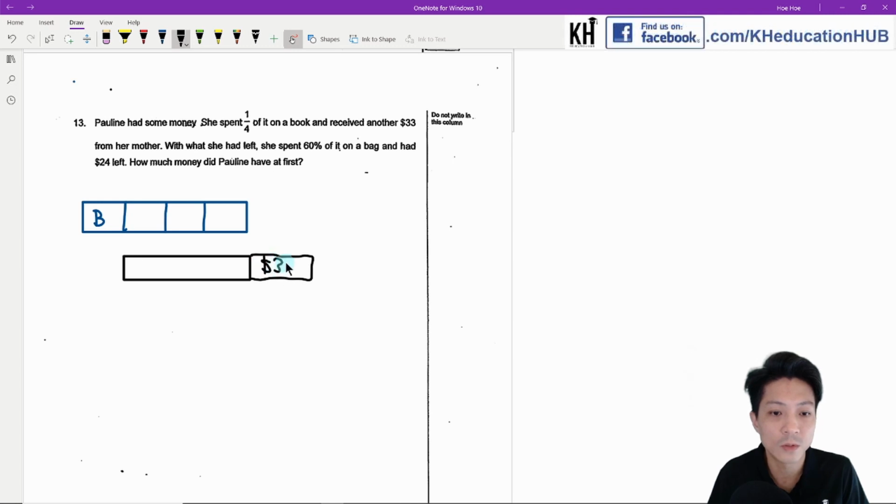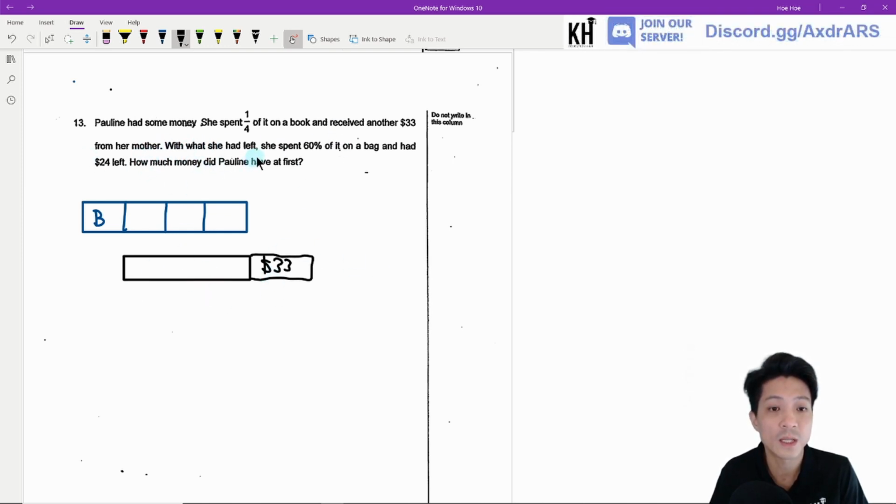Okay, I do not know how big or small this $33 is, but then with what she had left, she spent 60% of it on the bag and had $24 left. Okay, so we're gonna find what is 60% of this unknown block and 60% of this $33. Okay, instead of finding 60%, we're gonna find what is 40% of it.